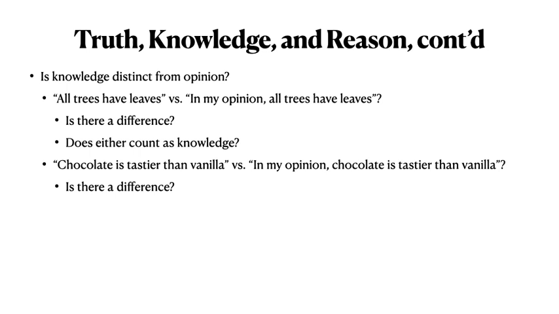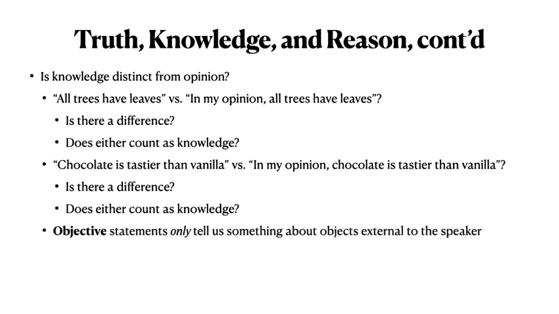The person who says chocolate is tastier than vanilla is almost certainly meaning to say, in my opinion, chocolate is tastier than vanilla, but possibly not. Could either one of these count as knowledge? Yes, but they could be different claims.